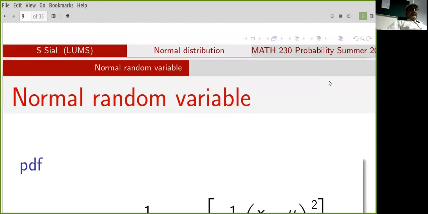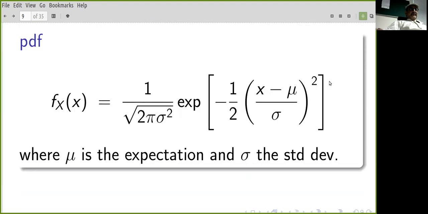Now, the other normally distributed random variables have PDFs like this. If X is normally distributed with expectation mu and standard deviation sigma, then its probability density function is 1 over root 2 pi sigma squared exponential minus 1/2 x minus mu over sigma squared.